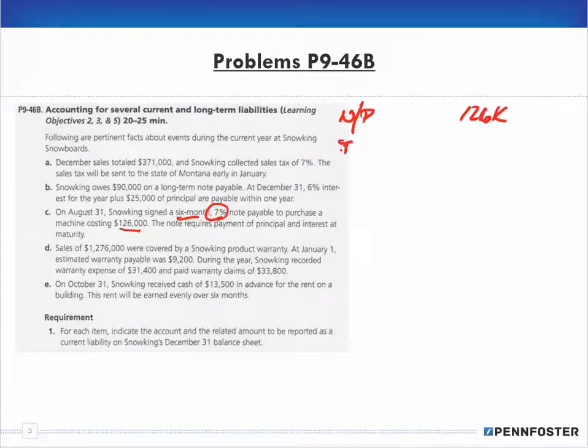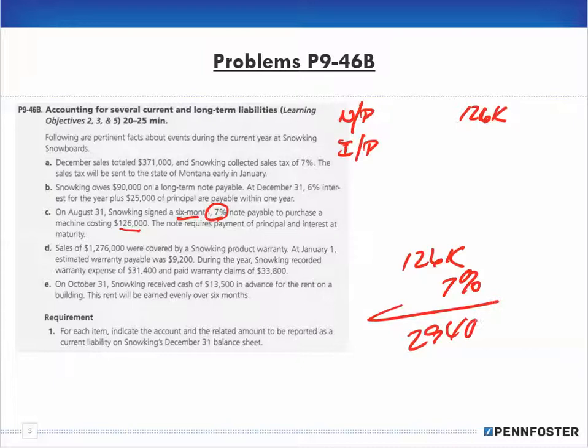And you're going to have interest payable because you're also going to calculate interest and pay on it. So $126,000 at 7% is the amount of the interest, which ends up being $2,940. So our interest payable is going to show up as $2,940 in the current liability section.